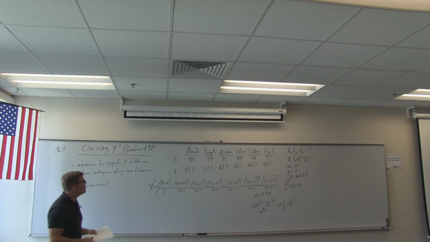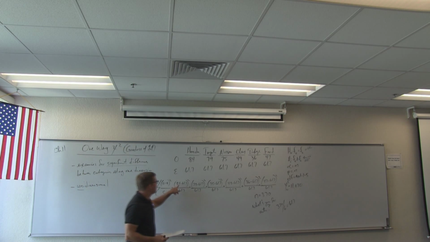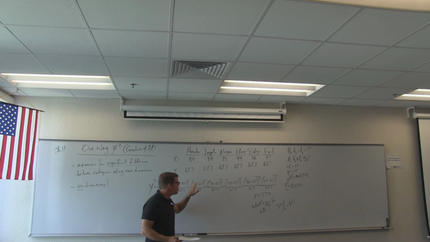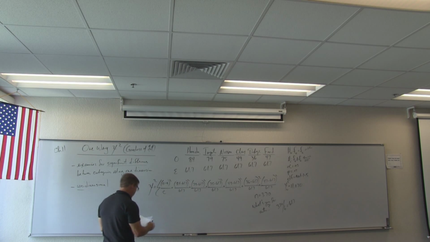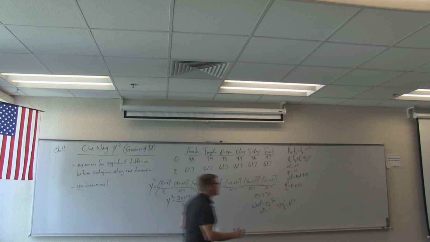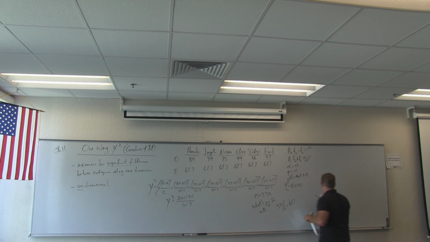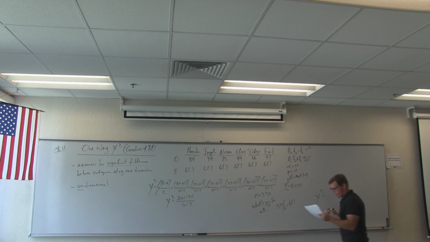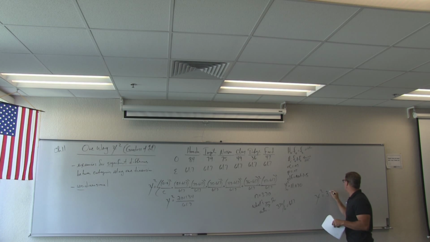If we do all this arithmetic, if we perform all these little operations, square the numerator and divide by 61.7, we get the ratio 2011.34 over 61.7. Our chi-square in this case is 32.6.